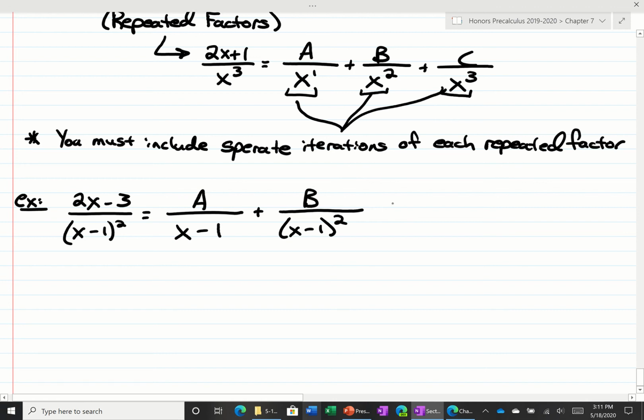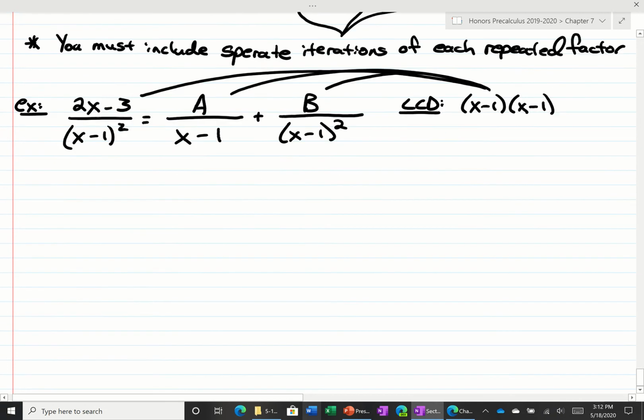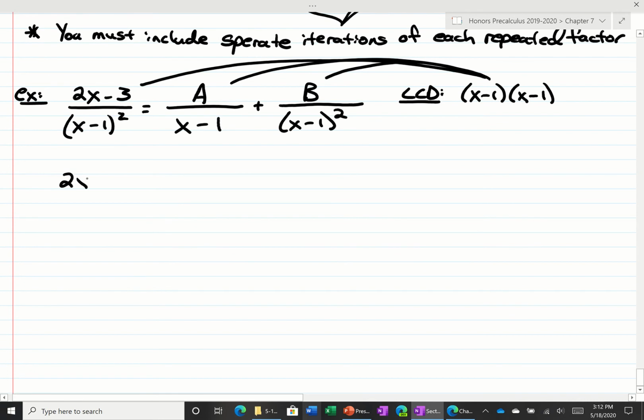Now we're going to solve this just like we've done other problems, where we figure out what the LCD is, and we'll multiply everything by the LCD. Now, in order to combine these fractions, x minus 1 to the second power is really just x minus 1 times x minus 1. So our LCD is going to need one factor of x minus 1, but it'll need another factor of x minus 1 also. So let's go ahead and multiply every fraction by that, and we'll solve for a and b. If we multiply it, I'll show you all the steps here.